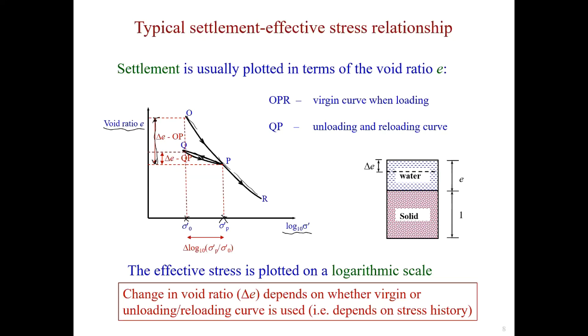If we use the unloading and reloading curve, then that's the corresponding change in void ratio. In other words, this depends on the stress history. So those are very important indications for the later conclusion.